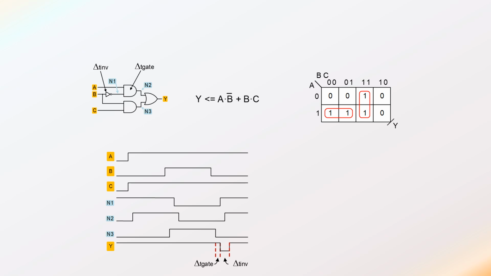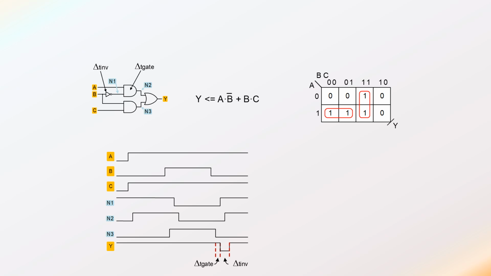So the negative excursion on the signal Y, the downgoing excursion on the signal Y, happens delta T gate after node 3, sorry, goes low, and then it lasts for delta T inverter.